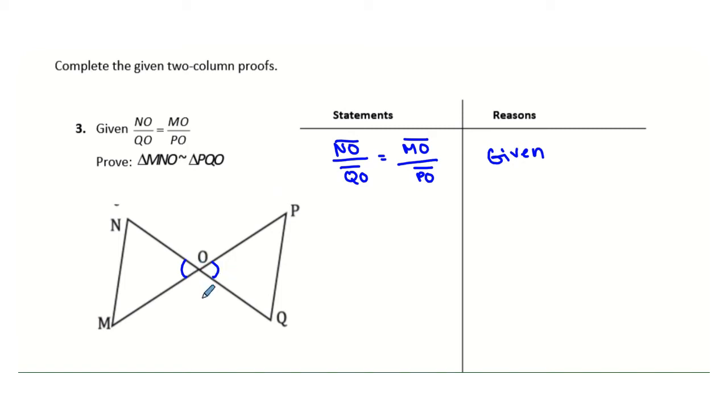They're vertical angles. So now we know that angle NOM is congruent to angle POQ. And that's by vertical angles.